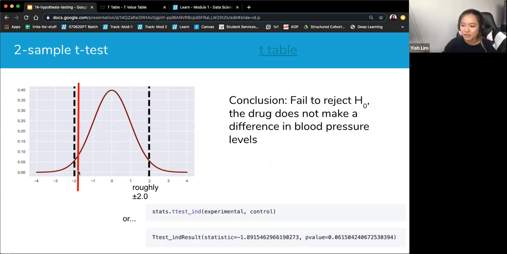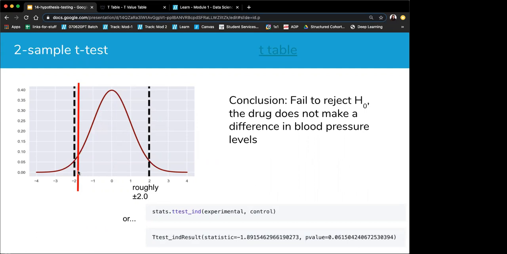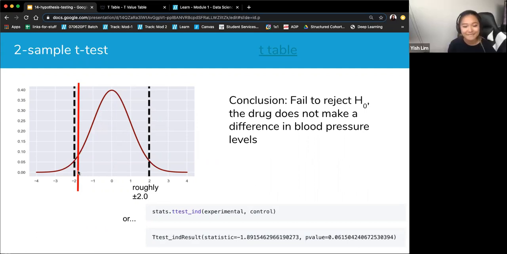So you always want to decide on your alpha before you even calculate any statistics. You want to choose your alpha first, so that you're not hacking your alpha such that you will pass your tests. There's some thought process that goes into choosing the alpha.